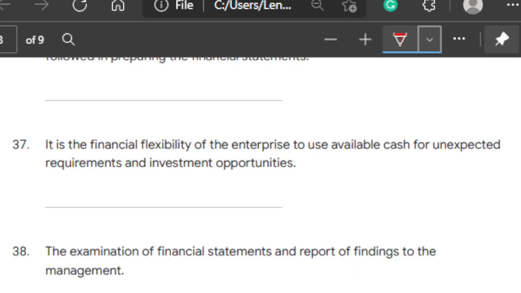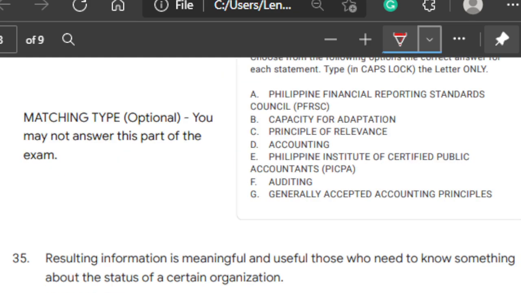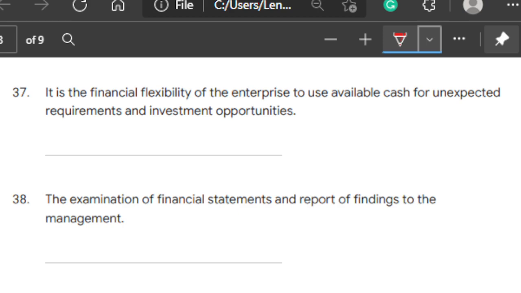Next, it is the financial flexibility of the enterprise to use available cash for unexpected requirements and investment opportunities. So, our answer here is capacity for adaptation. So, that is letter B. Next, the examination of financial statements and report of findings to the management.